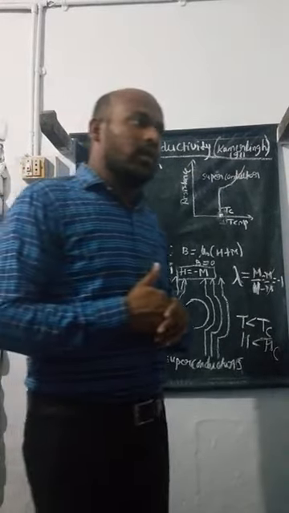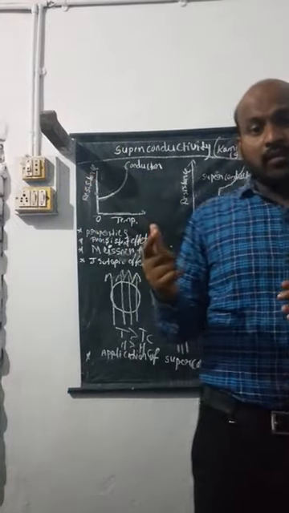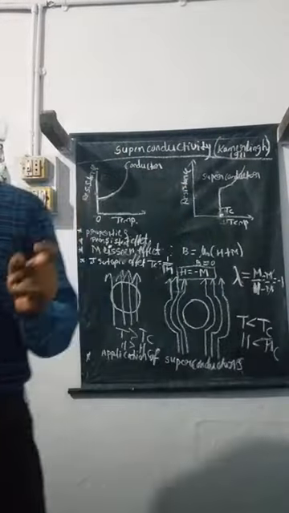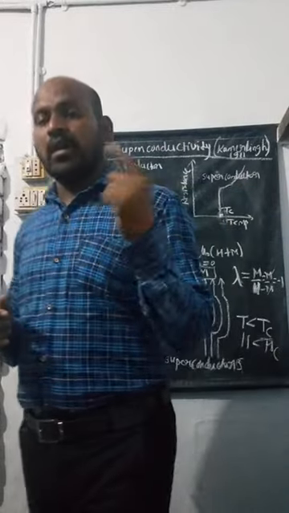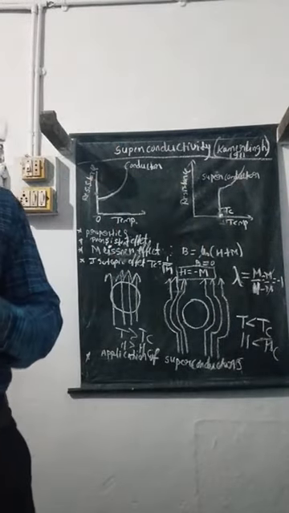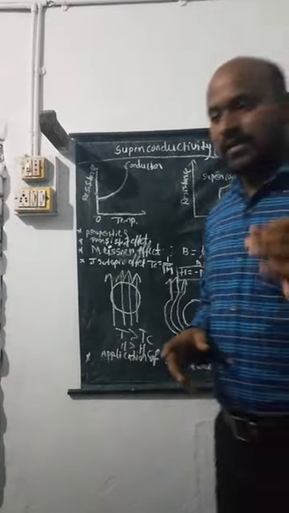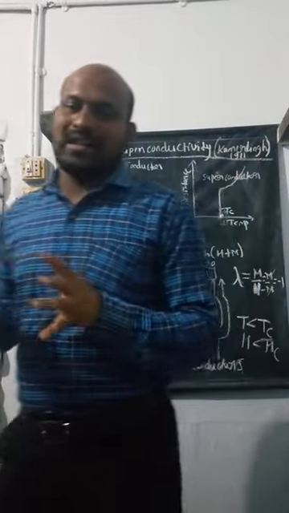What about paramagnetic? These materials are weakly attracted, not repelled. The magnetization is low and positive, and susceptibility is low and positive. What about ferromagnetic? These materials are strongly attracted.